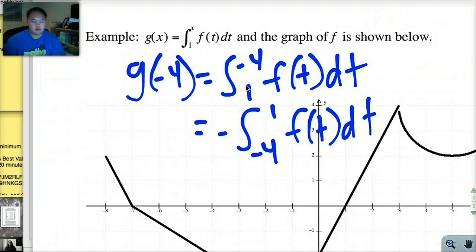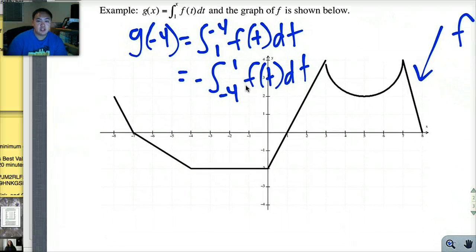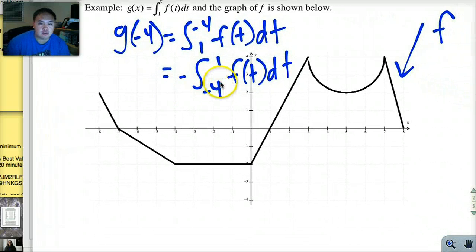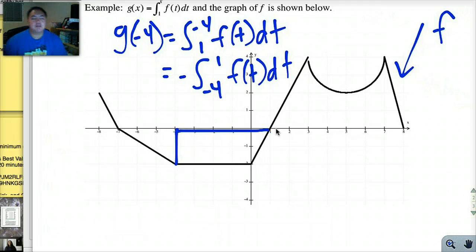So now I'm going to go back to my graph. I'm going to look at what is the antiderivative of f from negative 4 to 1. Well, the antiderivative of negative 4 to 1 is essentially the area under the curve, or the area between here and here. You may notice that this shape is a trapezoid, and it's also below the x-axis.